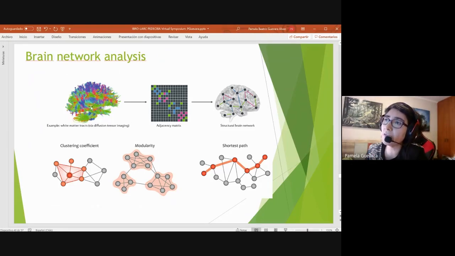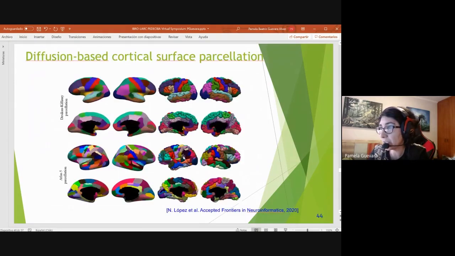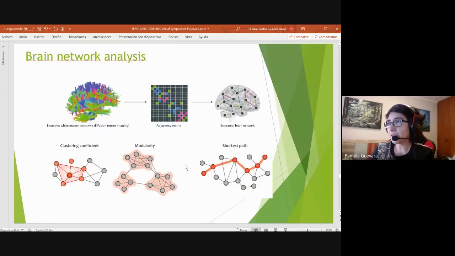Once you have the tractography and you have a parcellation, like the one I showed here, for example, this one of the cortex, the parcels are the nodes and the fibers are the edges of the connectome, and you can construct a connectivity matrix and a graph of the brain connectivity.